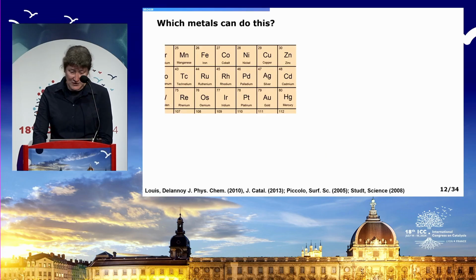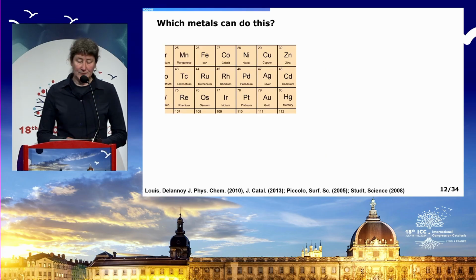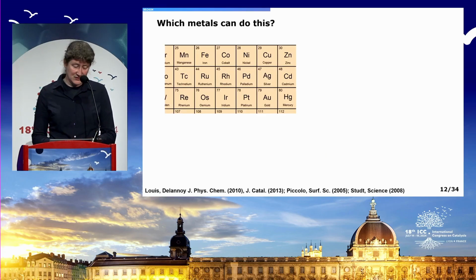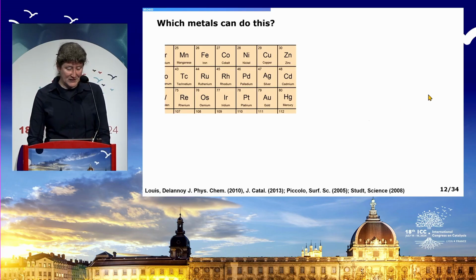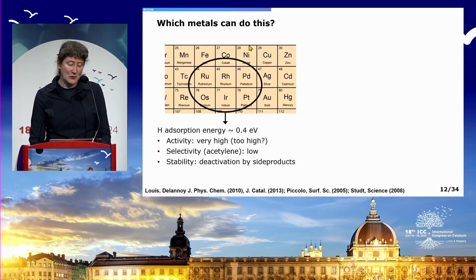So which metals can do this? Well, almost all the hydrogenation reactions can run with almost all of these metals, but there are some differences. If you look at this group of metals with platinum, palladium, they have relatively strong adsorption energies for hydrogen, which means that they're very good hydrogenation catalysts, also nickel is included.